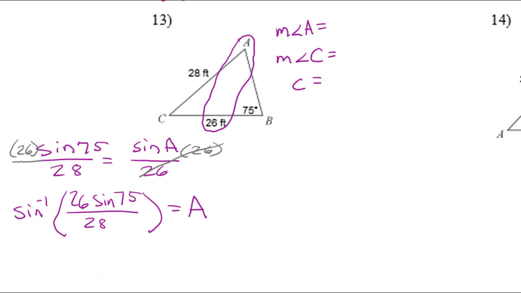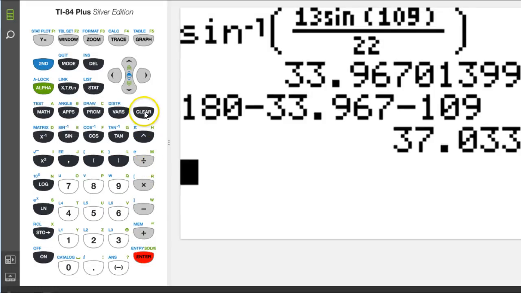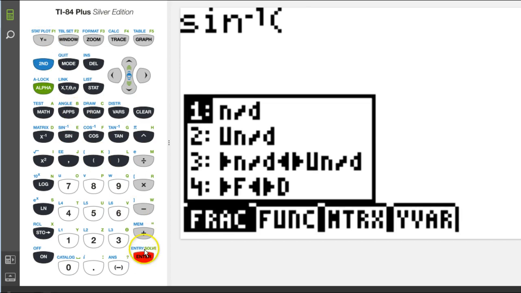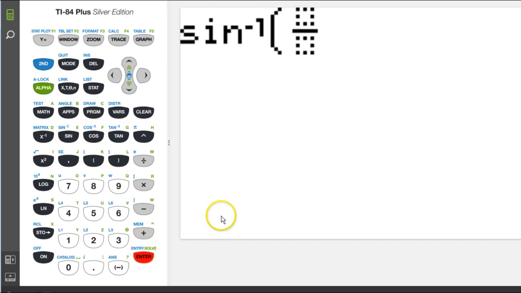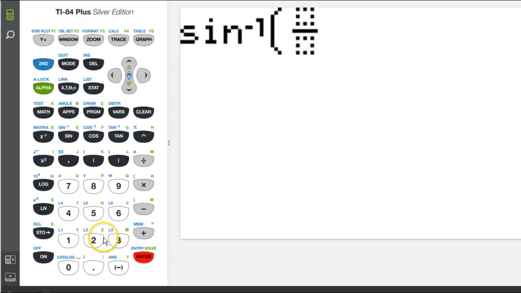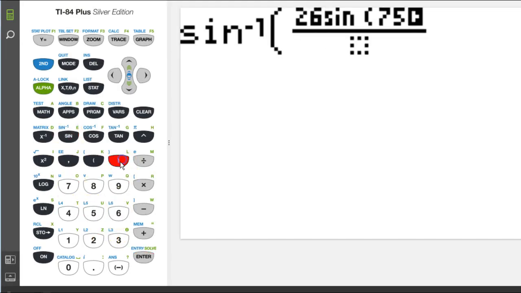Normally I don't show it, but I think I'm going to go ahead and show it this time. Okay, so second sine gives me the inverse sine. Alpha, y equals, enter, gives me a fraction, and 26 sine 75 over 28.